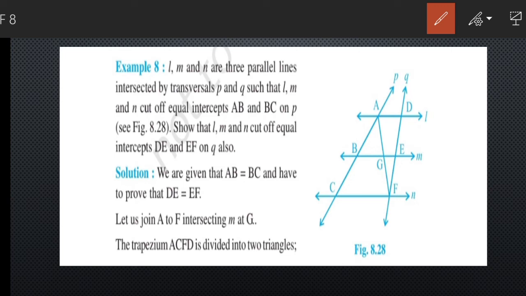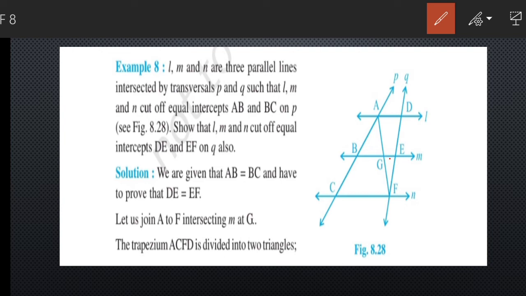We have to prove that DE and EF are also equal. For this, first we join F and A, which intersects BE at G. So the line M is also intersected by the line AF at G.